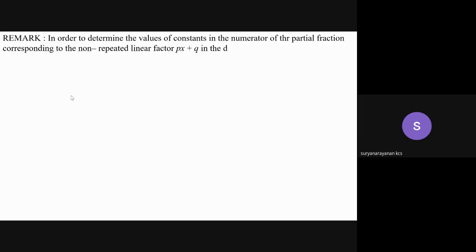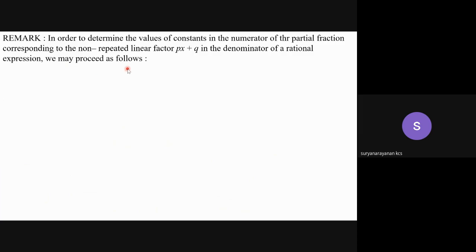In order to determine the values of the constants in the numerators of the partial fraction corresponding to the non-repeated linear factor px plus q in the denominator of a rational expression, proceed as follows.